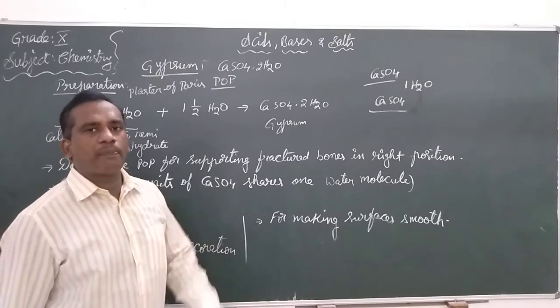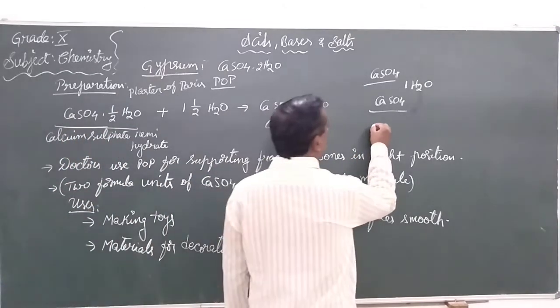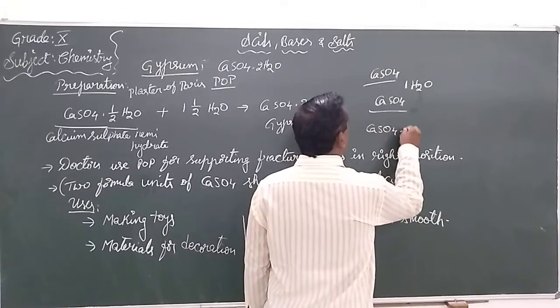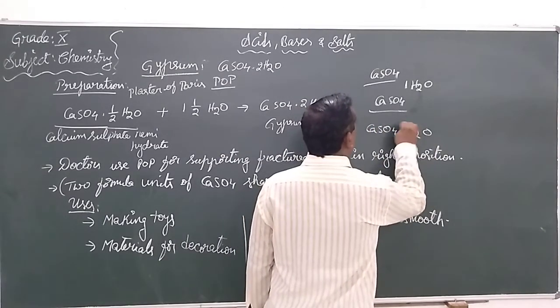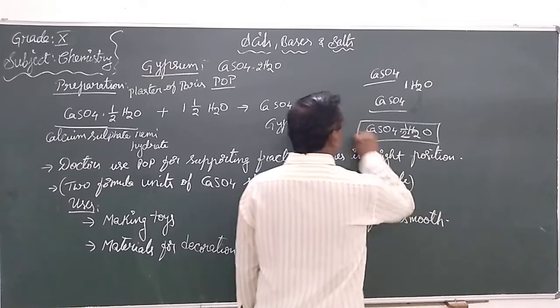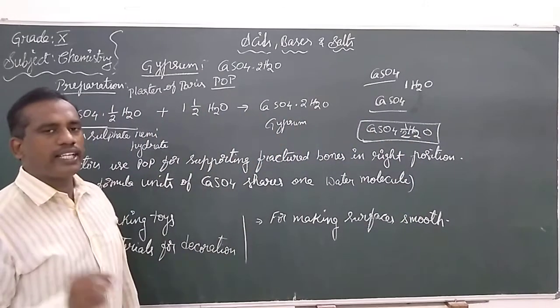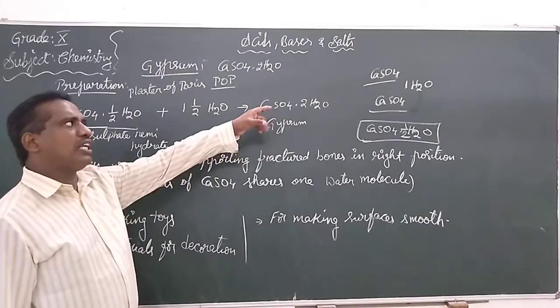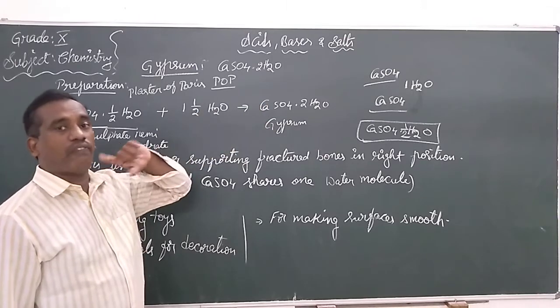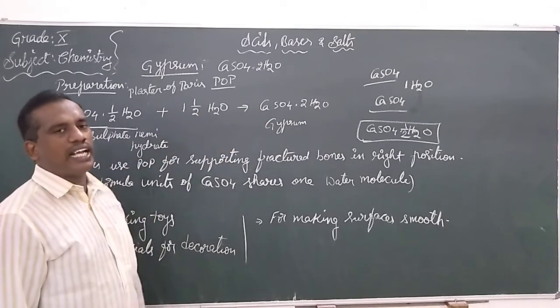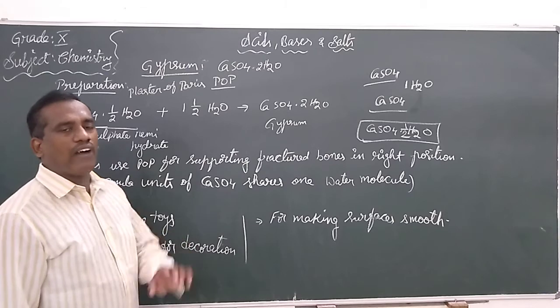So in a simple representation, for each formula unit, half a water molecule is present. So don't wonder how we got half: 2 CaSO4 formula units share one water molecule, and then we write it as CaSO4 half H2O.